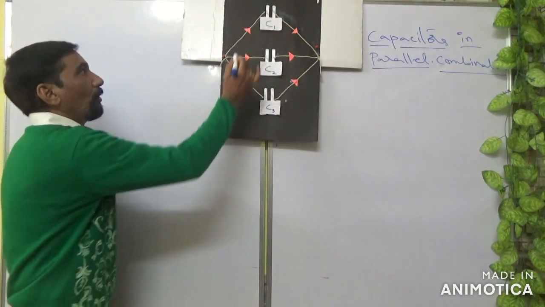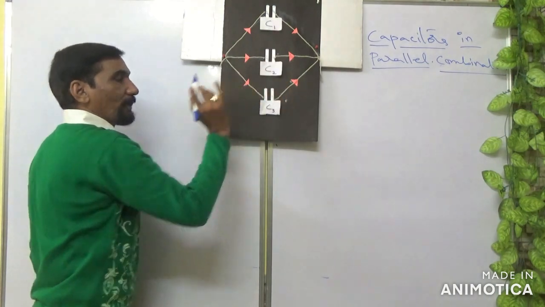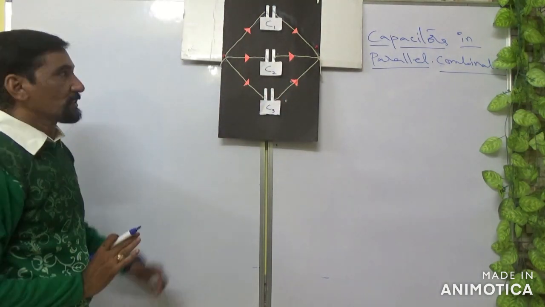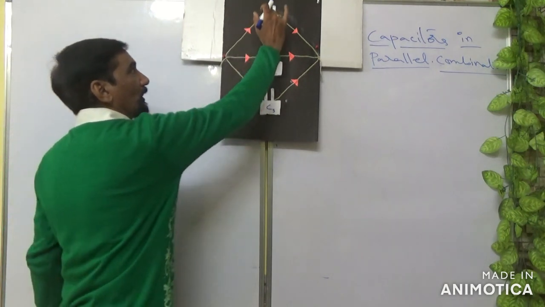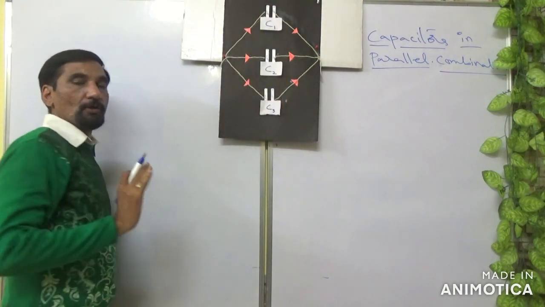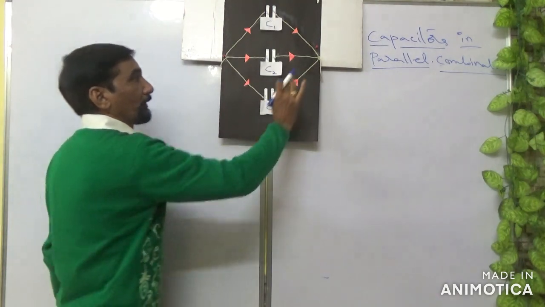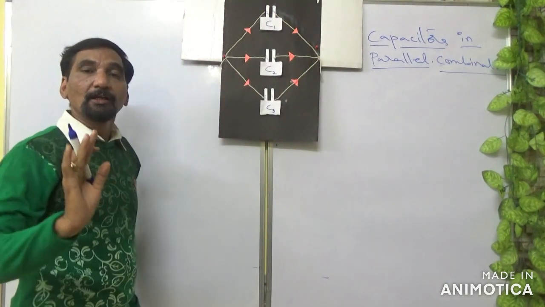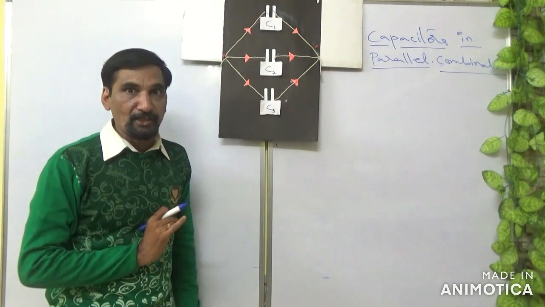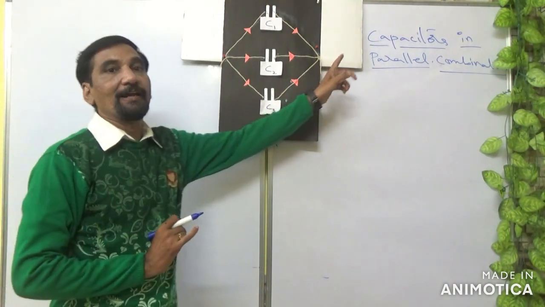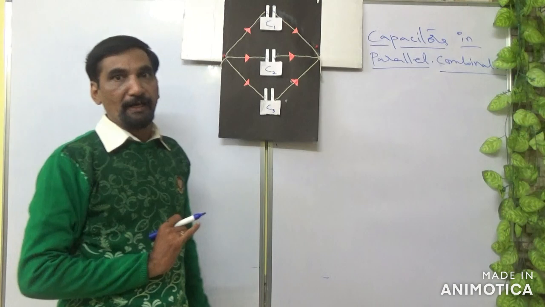That means all the positive plates of capacitors are connected to one point. All the negative plates of capacitors are connected to another point. Then they are said to be connected in parallel combination.